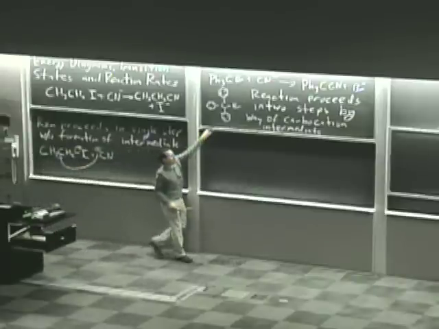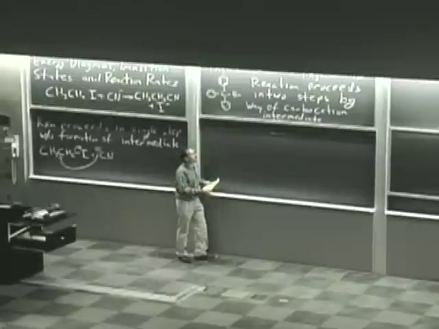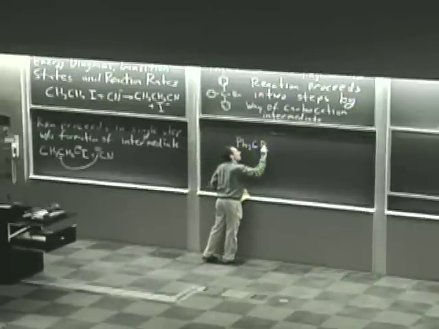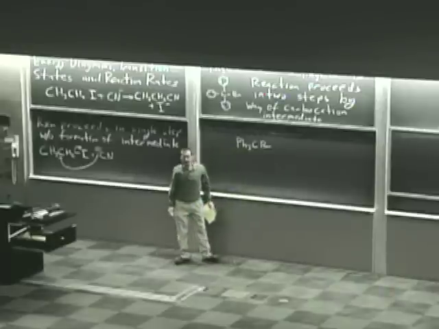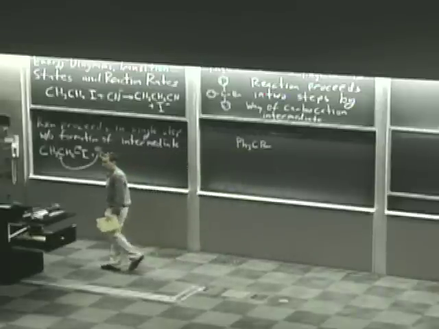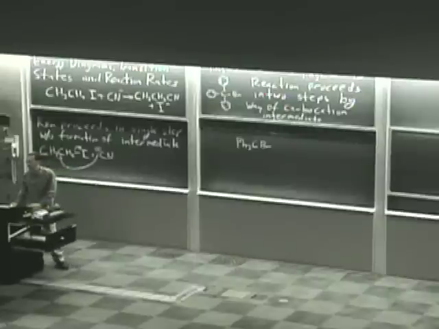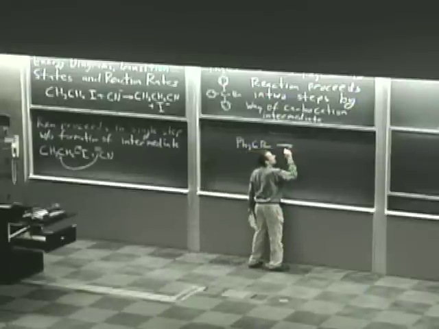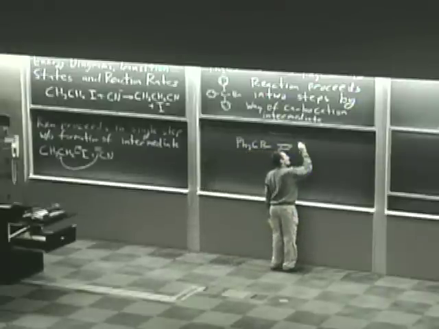What's happening over here in the first step is that our bromotriphenylmethane is breaking apart, is ionizing into a triphenylmethyl carbocation and bromide anion. I'll write this as an equilibrium.